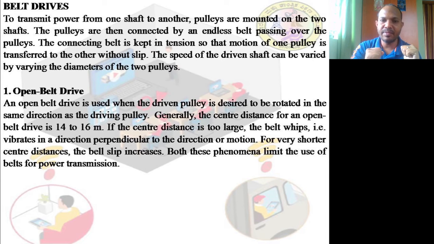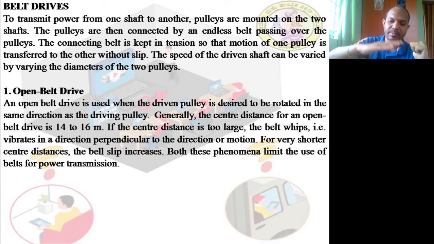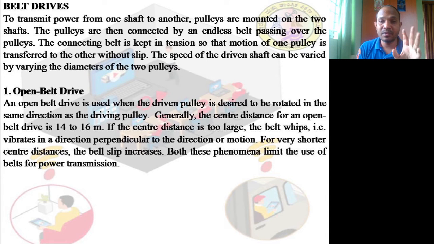If it is more than 14 to 16, what happens? You can see the vibrations of this belt in the direction perpendicular to the motion. This vibration leads to slipping, it leads to power loss, and it leads to a lower efficiency of the belt drive transmission.